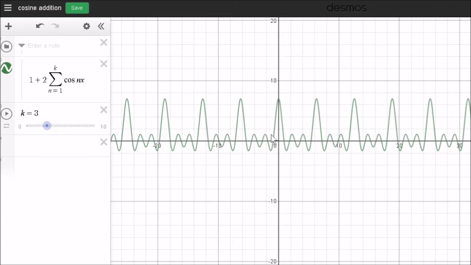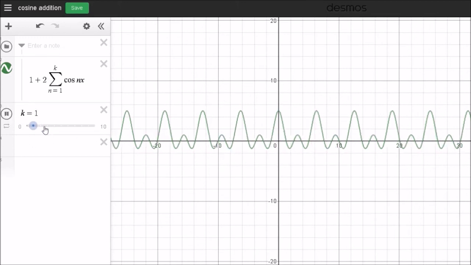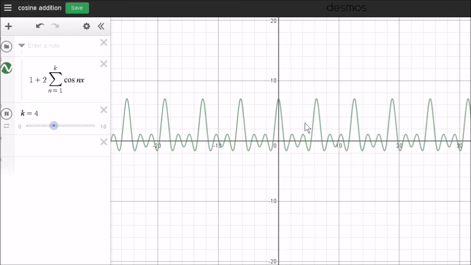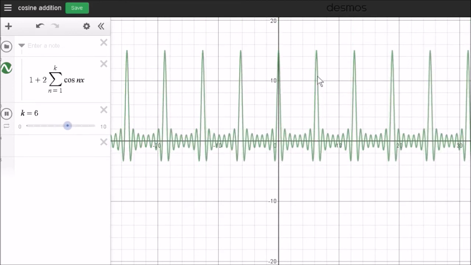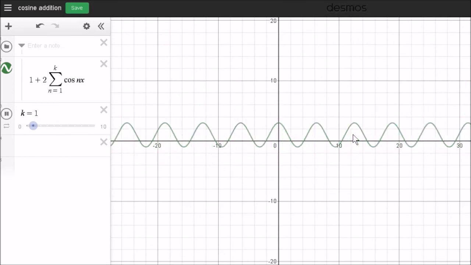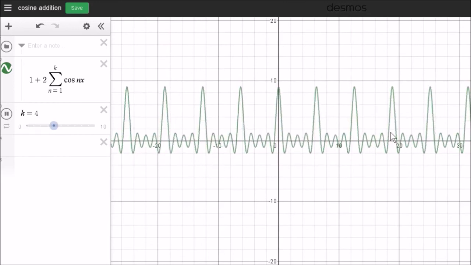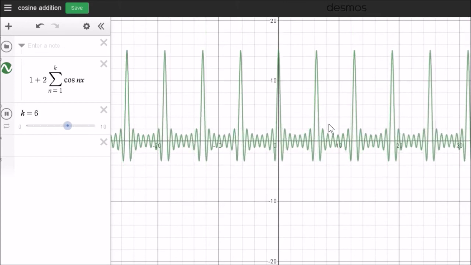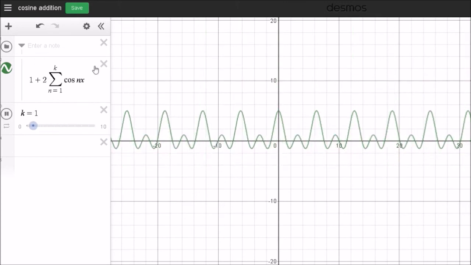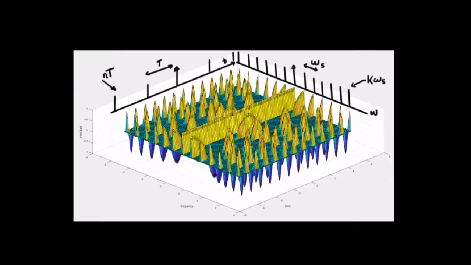Now you can see here that the energy is starting to be concentrated in just single points. So I'll let this play out and you can see how this creates an impulse train. You can see all of the energy created is focused at one point along the axis here. So we're creating in effect another impulse train by adding up all of these cosine functions.